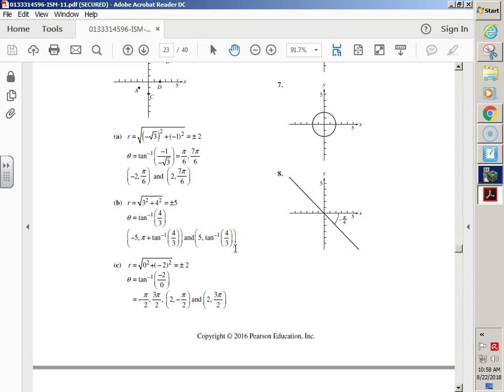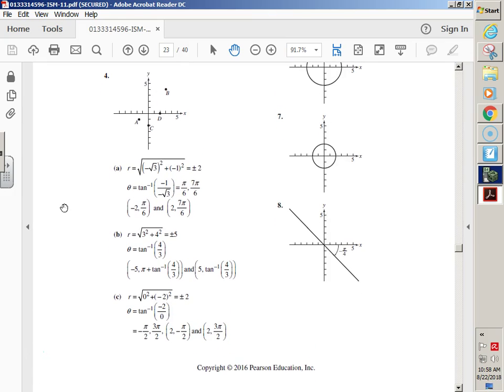What point is this? B? Okay, so for point B, you're in the first quadrant. What they did for the first one, the tangent inverse of 4/3, would put you in the first quadrant, positive 5 goes out. But you also could go all the way over to here, and instead of going towards that angle, you could go negative 5, and you would end at the same location.